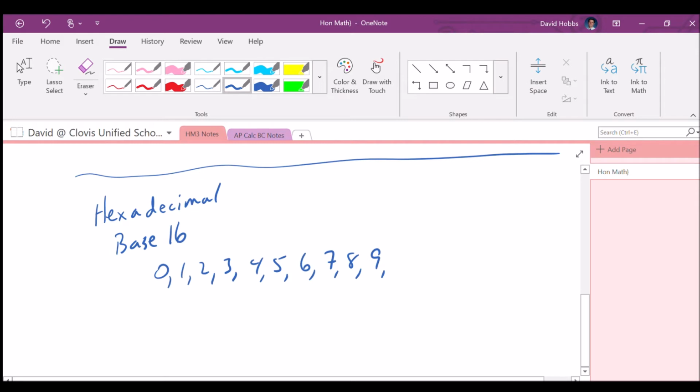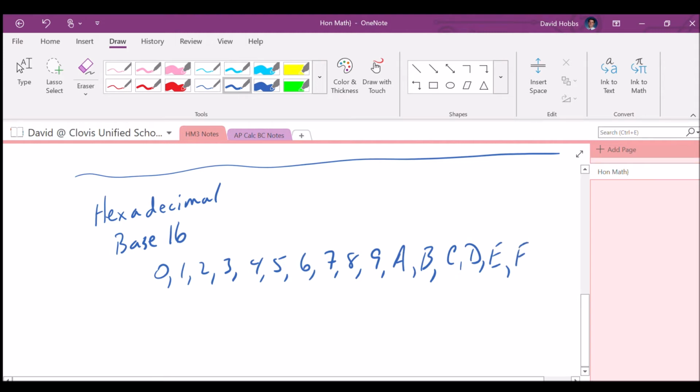Okay, I want a 10, but it has to be a single-digit representation. Now, just to follow what the rest of the world does, there's 10, 11, 12, 13, 14, 15.